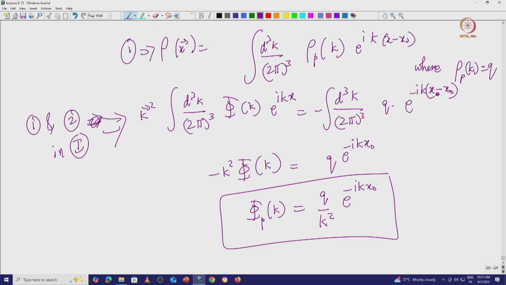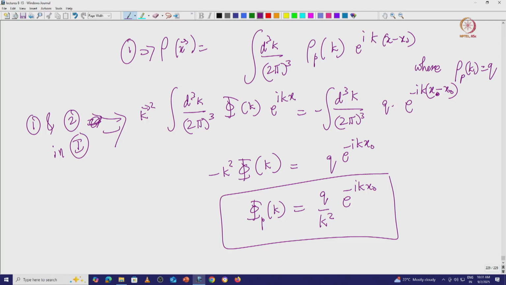What I have done right now is derived what is phi tilde in terms of 1 by k square, essentially in the momentum space.